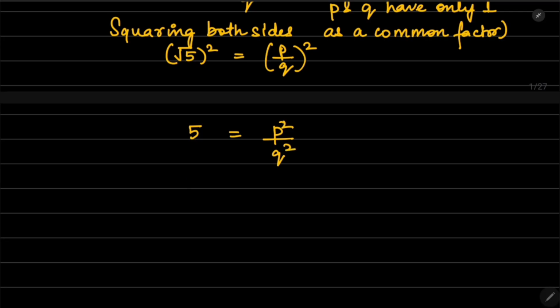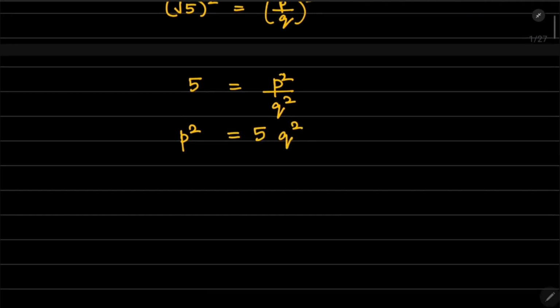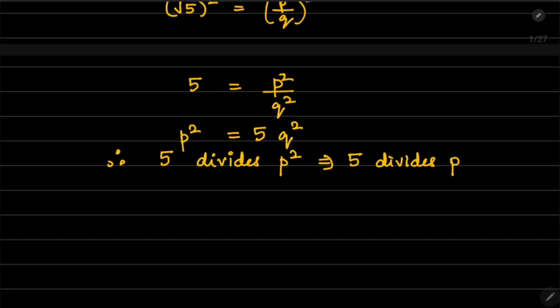Or you can cross multiply and write p square is nothing but 5q square. Okay, so what does this imply? Whenever you say p square is equal to 5 multiplied by q square, it means that 5 divides p square, which implies that 5 divides p.